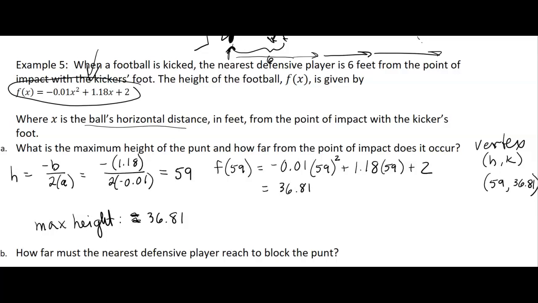So that's how high up it's going in the air. And it occurs 59 feet down the field, down from the punter's foot, or from the point of impact.